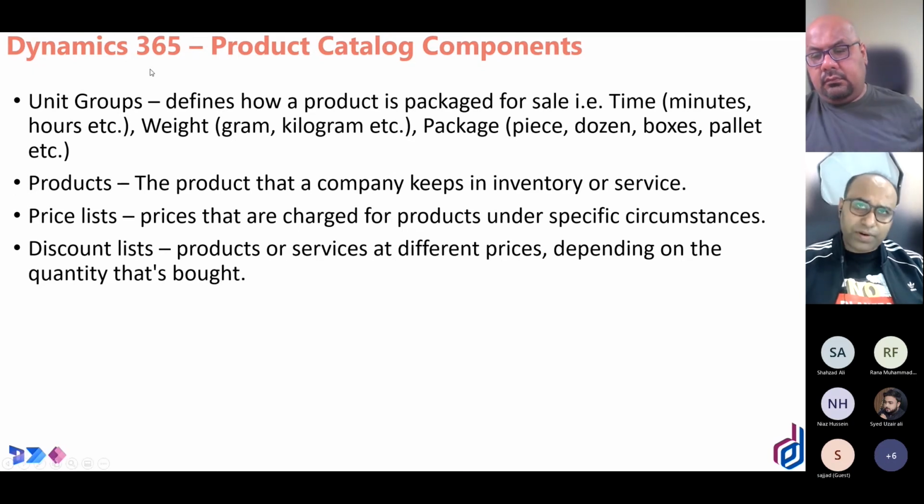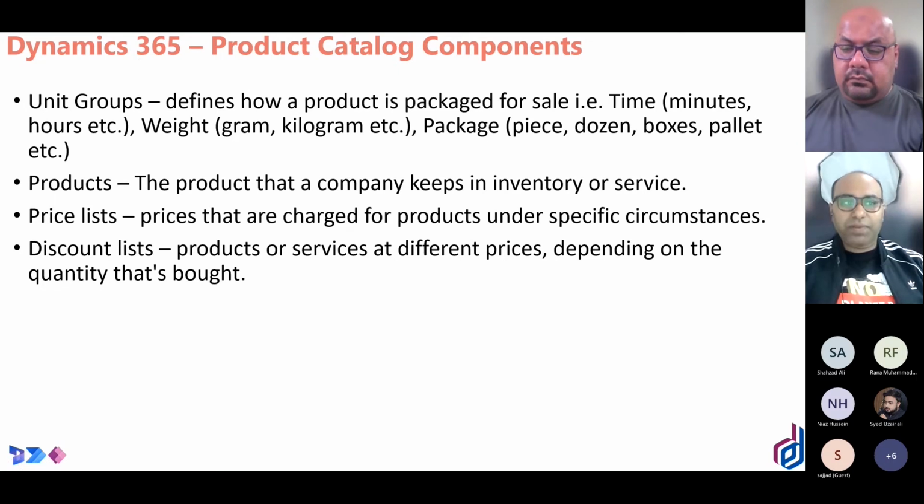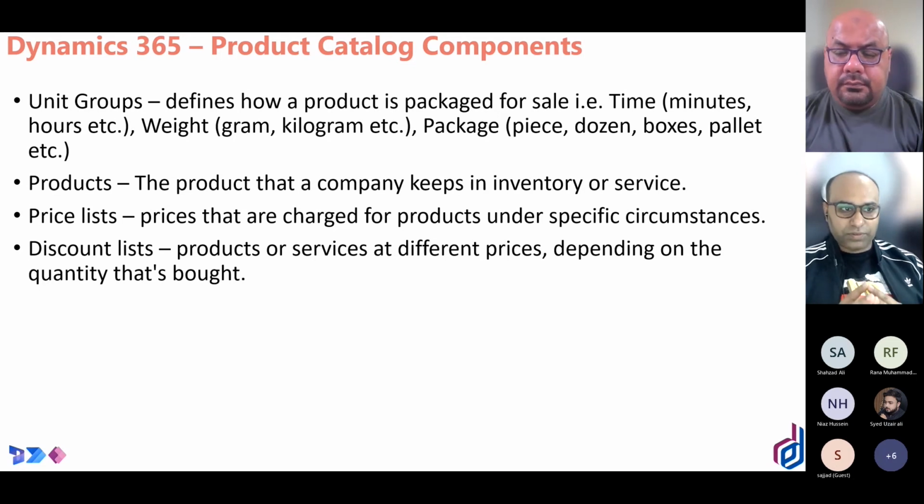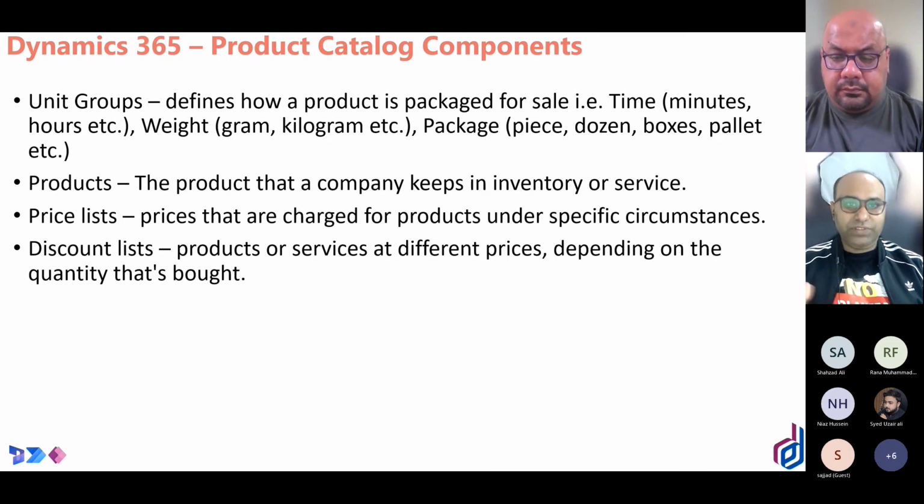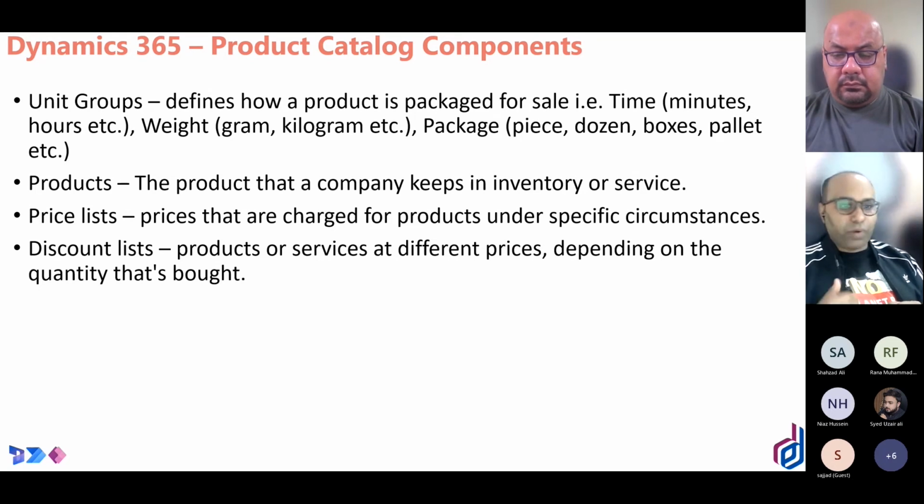For services, you can charge in minutes or maybe working days. So that's how we define the unit group. We'll see this example. Then the products are your actual commodity or service that you define in the inventory or as part of your services list.